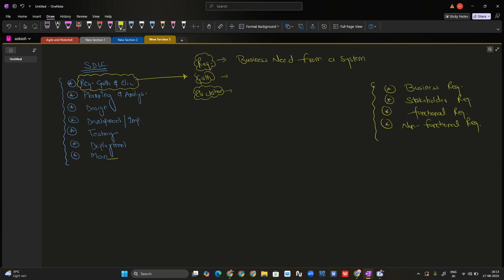So as a business analyst, what do you understand by business requirements? What is a business requirement? Anything? The requirement which comes from the end user, the requirement which can help increase the business smoothly, compete with the competitor, and give the best experience to the user and the customer of the business.